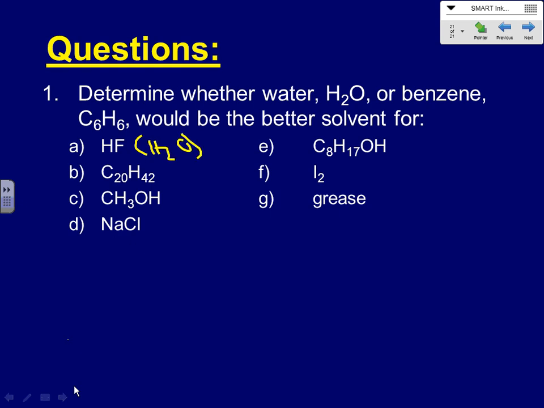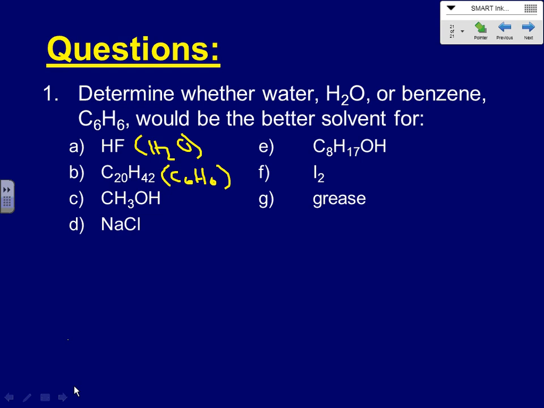B, something that has like 20 C's and 42 H's. Nonpolar, right? It's going to be a big long chain, but it's going to be very symmetrical. It's going to cancel out. This is going to go into benzene, C6H6. CH3OH. What do you think? What's it going to be?